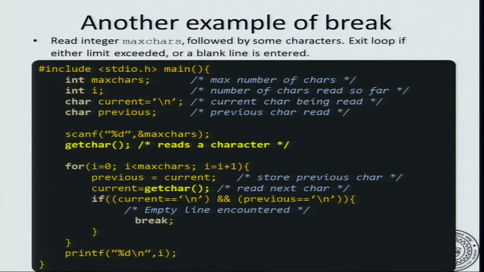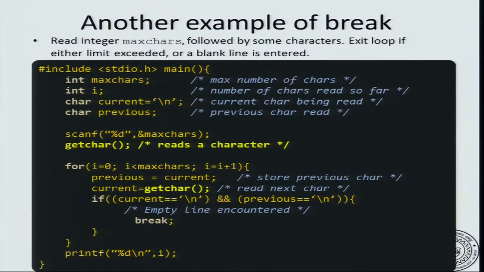Excuse me. So, we have been dealing with integers for a long time. Let us write a small program using characters. So, here is a problem, and let us say that we are writing a very simple editor. Now, the editor has the following property. There are a particular number of maximum characters that you can read, maybe it is 1000.